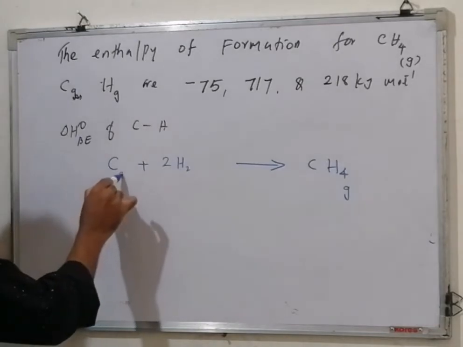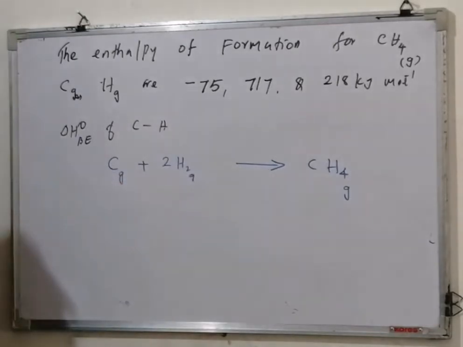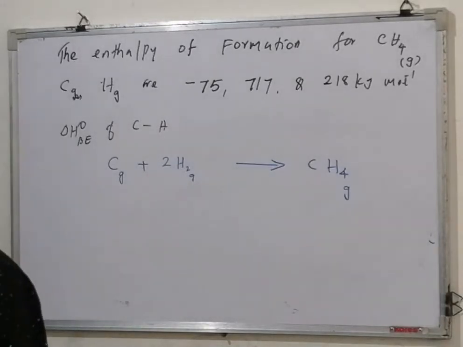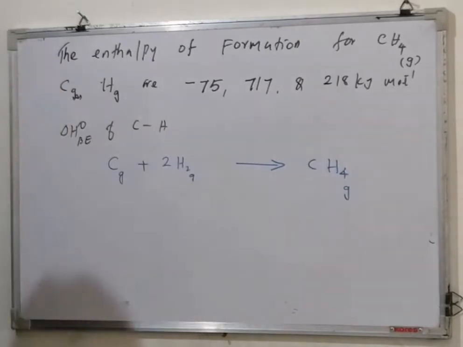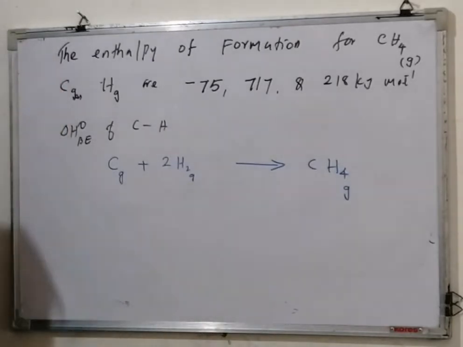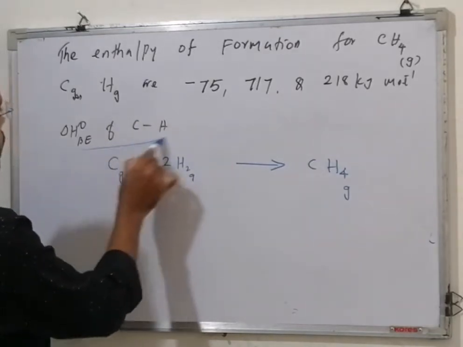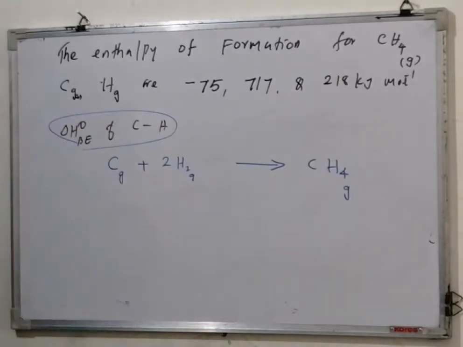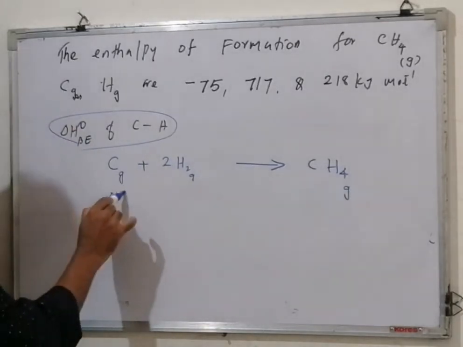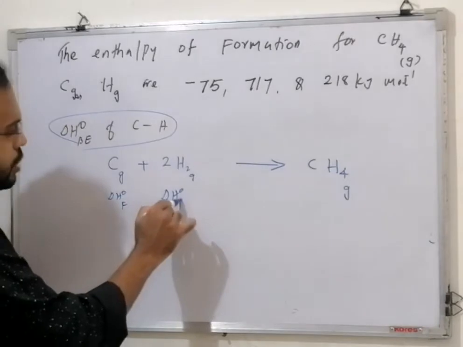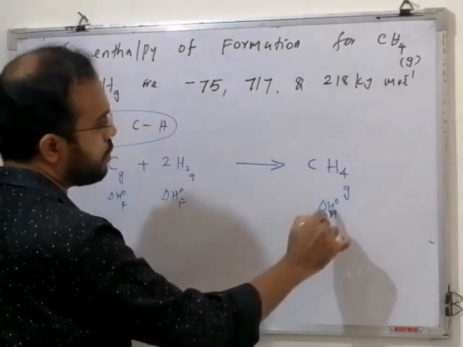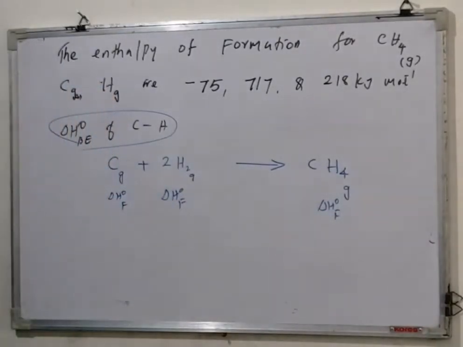When you write the formation, this is graphite, this is gas. Now, you wanted to calculate what is the CH bond enthalpy. You have the enthalpy of formation of each of these. Okay?